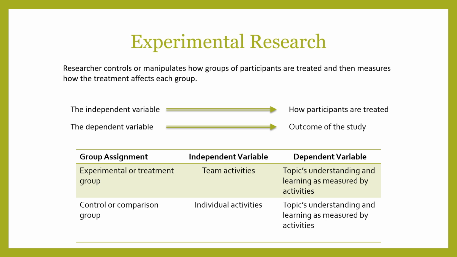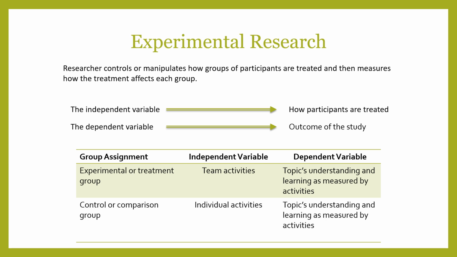In this kind of research, we have two groups composed of the same type of people, but one group is going to be called the experimental or treatment group, and the other one is going to be called the control or comparison group.